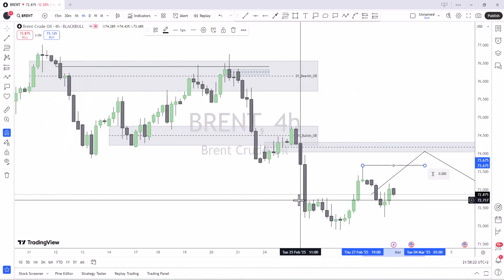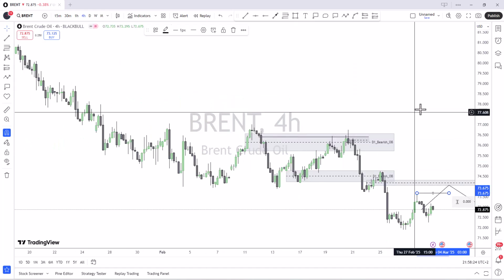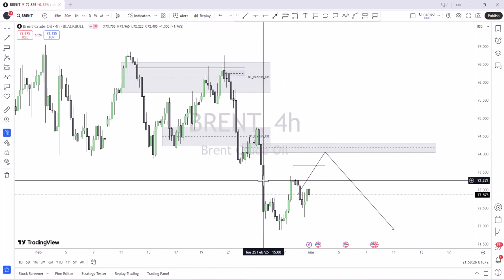So that's pretty much what I wanted to share with you guys. I'm not going to speak about gold at this moment. That thing is in a parabolic. Long opportunities from discount are ideal.